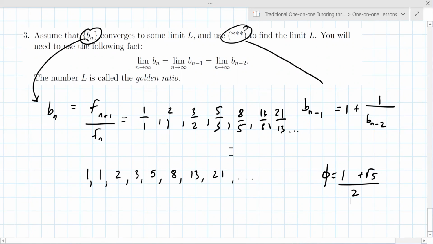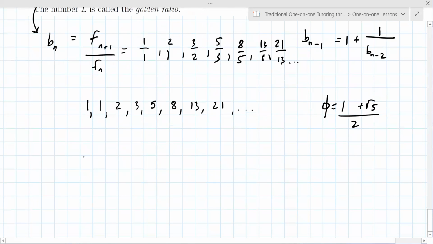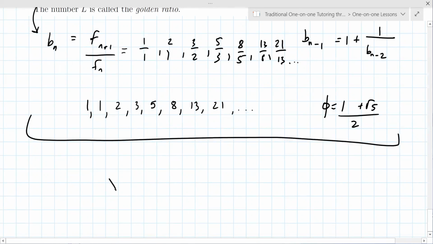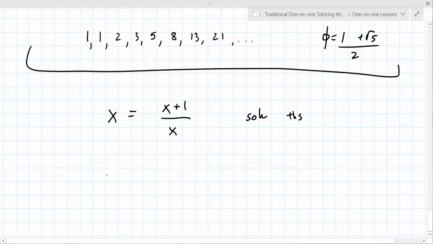Okay, I understand. They say to use this to do that. So what I found here is that somehow, and this is the part we've got to figure out, something we do breaks down to the following: x equals x plus 1 over x. When you solve this, x squared, move the x over, minus x minus 1 equals 0.